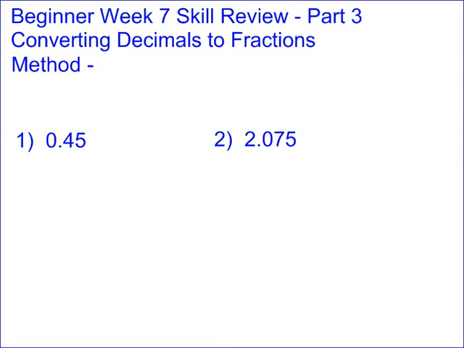So in this skill review, we're just going to talk some more about converting decimals to fractions. Remember, when you convert a decimal to a fraction, there's a couple things that you want to know. First, and the most important thing, is the fraction's denominator is going to be equal to 10 to the n, or 1 with n zeros after it, and n is equal to the number of places after the decimal.